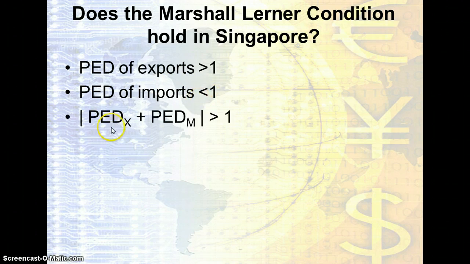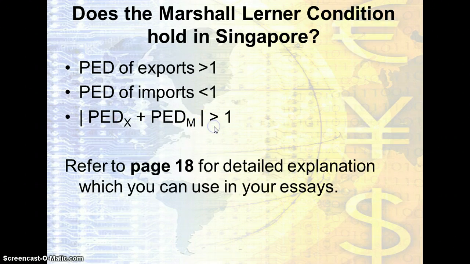So the summation of the elasticity values for export and import in terms of price elasticity of demand is actually more than 1. So you might want to refer to page 18 of your lecture notes for a detailed explanation, which you can use in the essay, and I will go through it later on in another presentation. So in this case, for Singapore, the Marshall-Lerner condition does hold.